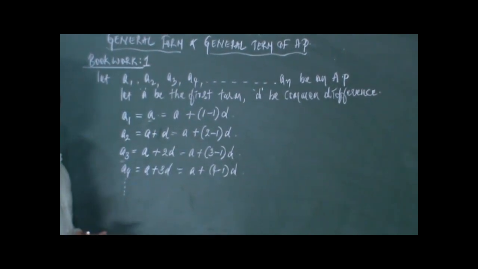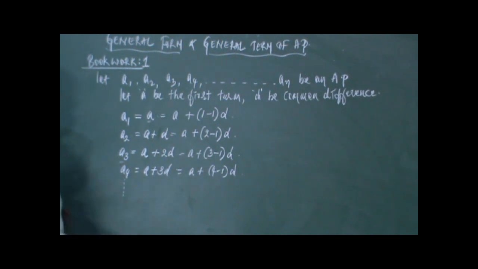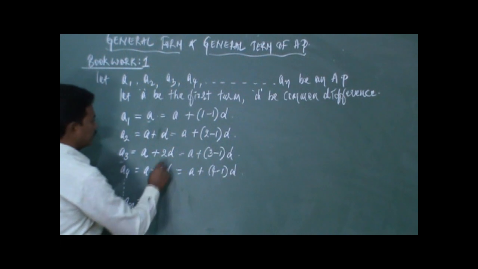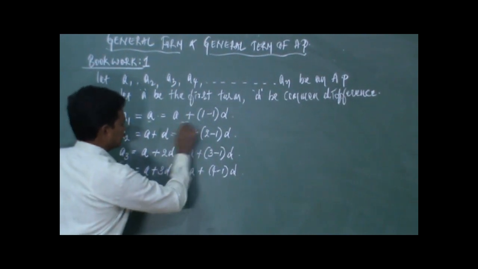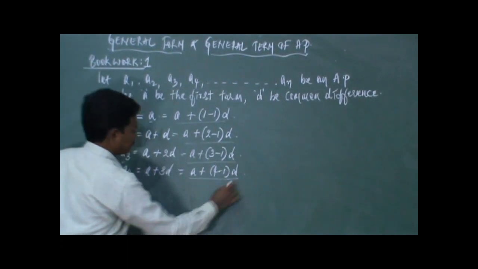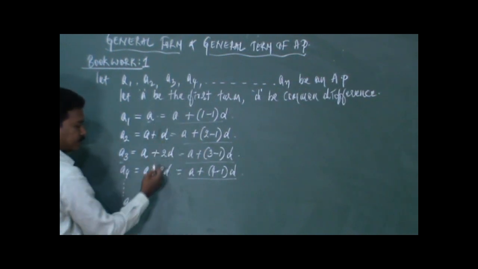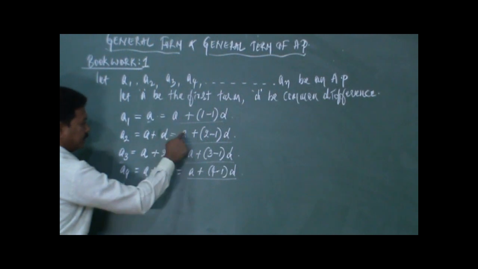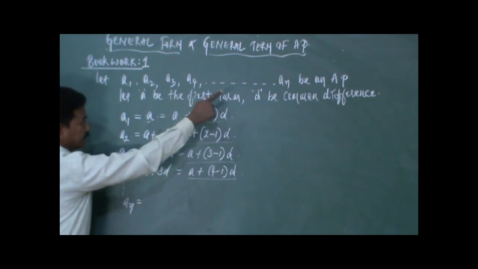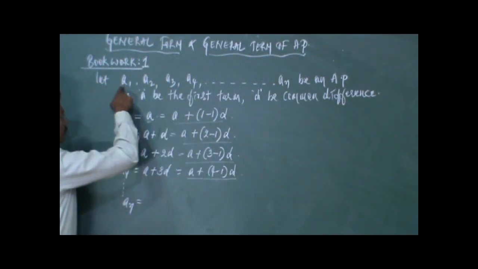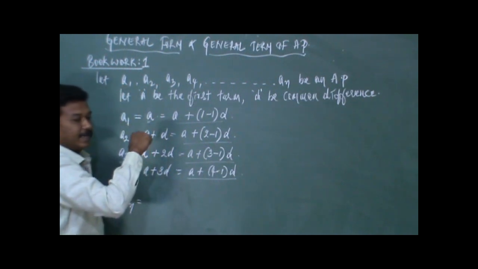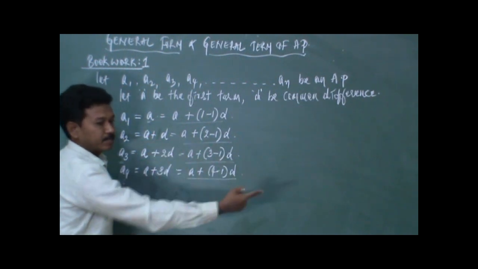I am having the nth term. So how to write the nth term? an is equal to, now leave this, take these lines. In this generalized form of the terms of the AP, a is repeated. If you want the nth term of the given AP, to the first term you have to add n minus 1 times the common difference.